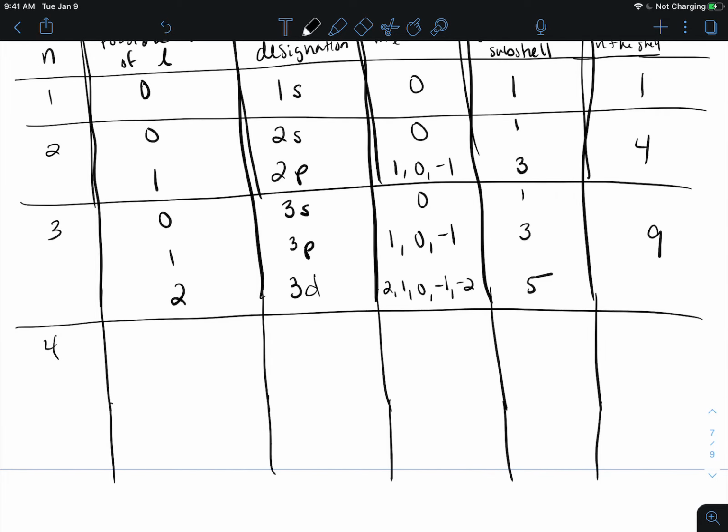And lastly, with n equals 4, we have all the way up to n minus 1, which would give us 3. So we have 0, 1, 2, and 3. So we have 4s, 4p, 4d, and then that 3 is an f, so 4f.